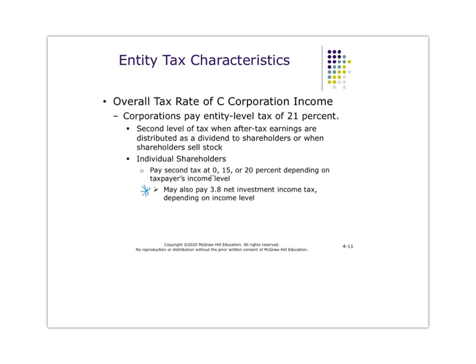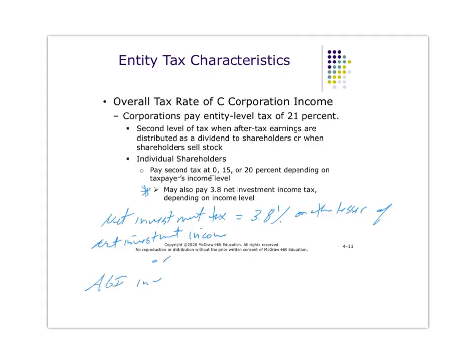And your net investment income tax is 3.8% on the lesser of net investment income or AGI in excess of a threshold amount. And what is that threshold?